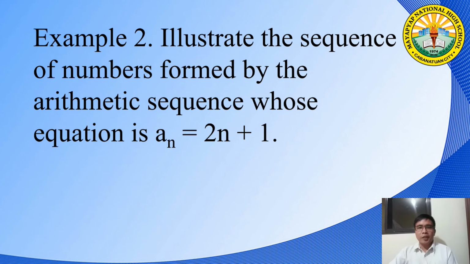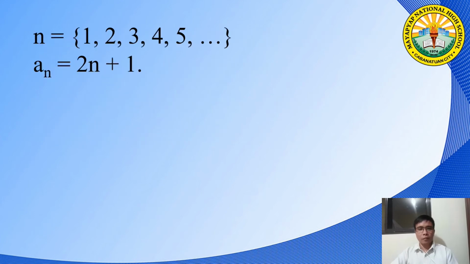Let us use the same example. Illustrate the sequence of numbers formed by the arithmetic sequence whose equation is a sub n equals 2 times n plus 1. Solution. We will use the counting numbers 1, 2, 3, 4, 5, and so on as the values for n.